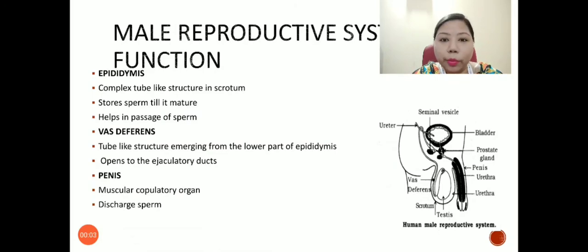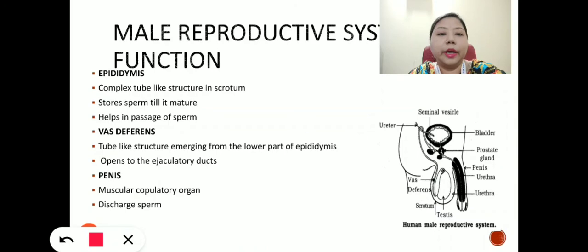The next component of the male reproductive system is the epididymis. You can see this part is the epididymis. It is a complex tube-like structure in the scrotum, and its main function is to store the sperm till it matures, and it also helps in the passage of the sperm.